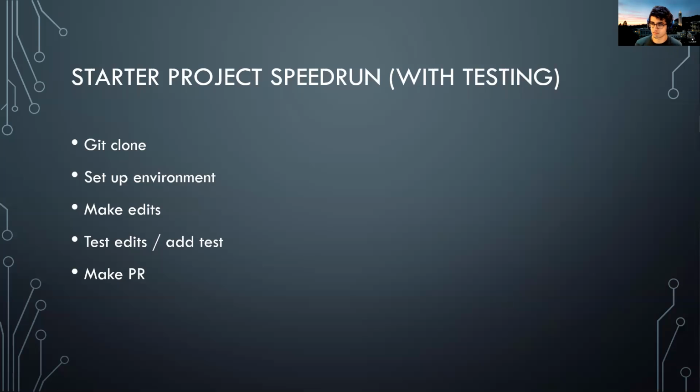follow the instructions on the website about how to make a test, edit a test. What I did didn't really require one, but I can show something that requires a test.